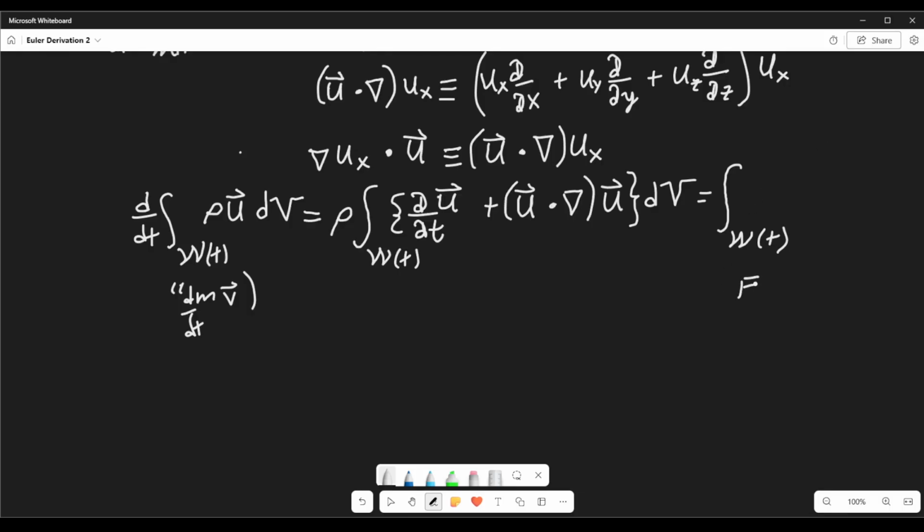And then we have the force side, which looks like the net force times the volume. So this is the left-hand side of the Euler equation. The next step is to go into the right-hand side of the Euler equation.